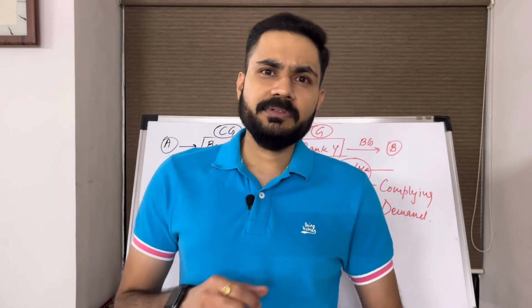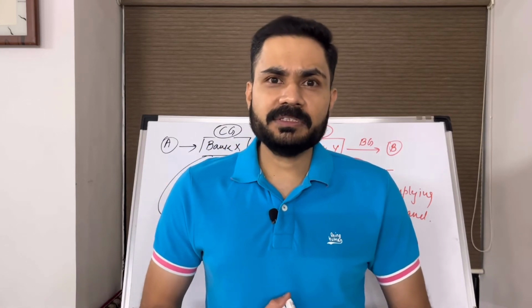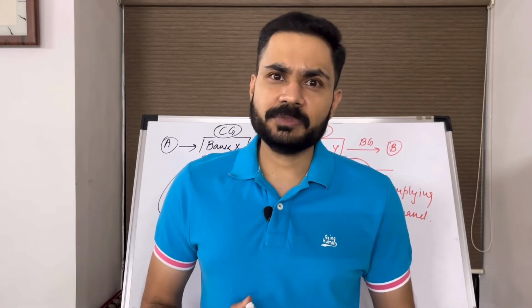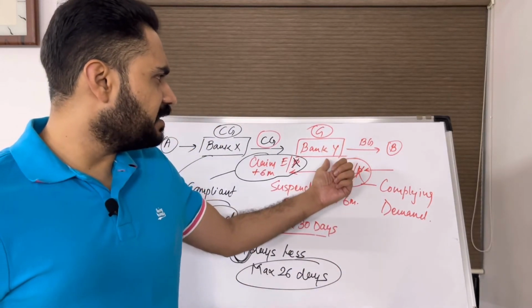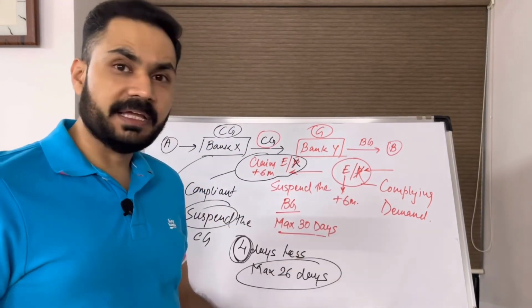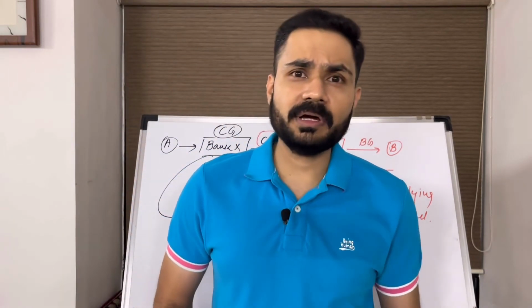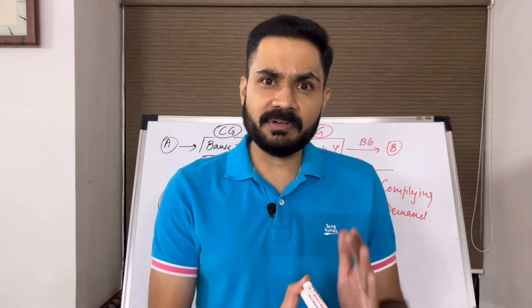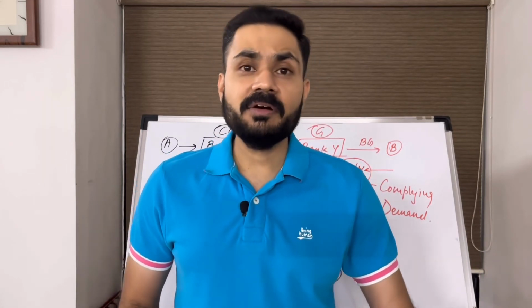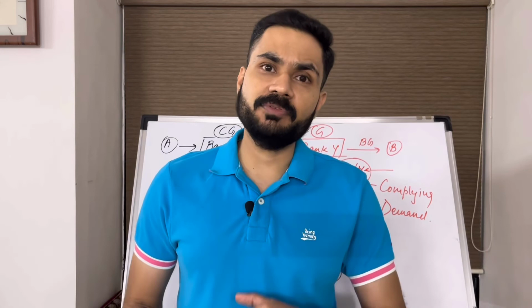And the last point is, if the guarantee is suspended for 30 calendar days and the guarantor decides to pay on the 30th day, the beneficiary cannot come back to the guarantor saying, boss, if you eventually decided to pay, why did you not pay me 30 days before?